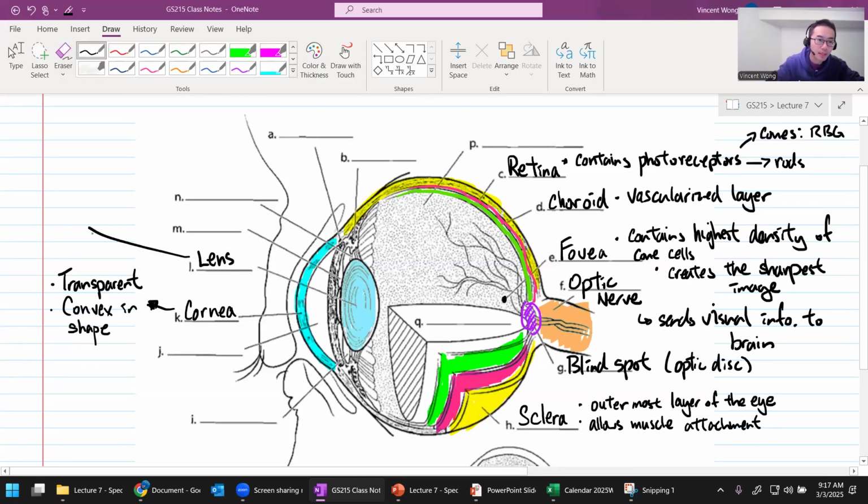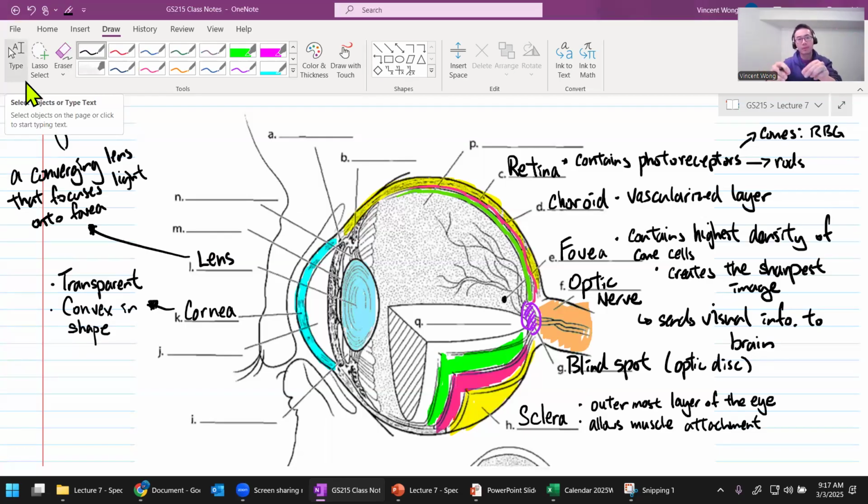I should mention it is a converging lens that focuses light onto the fovea. A converging lens is a lens that looks like this. It causes beams to come together.